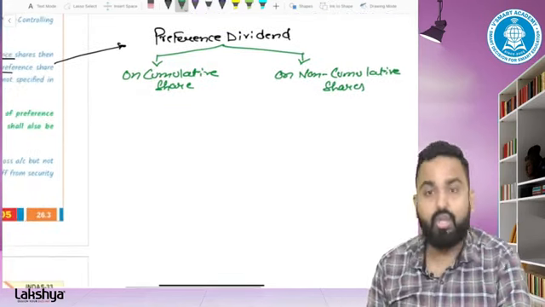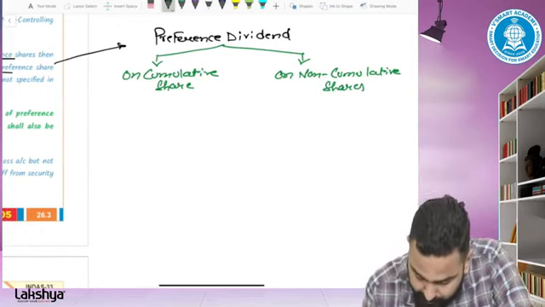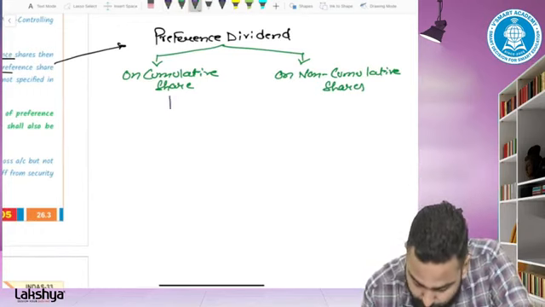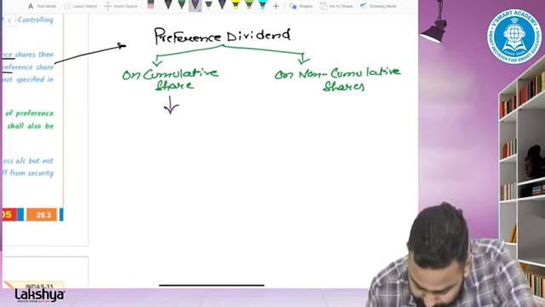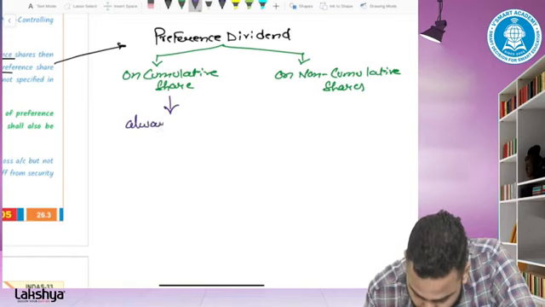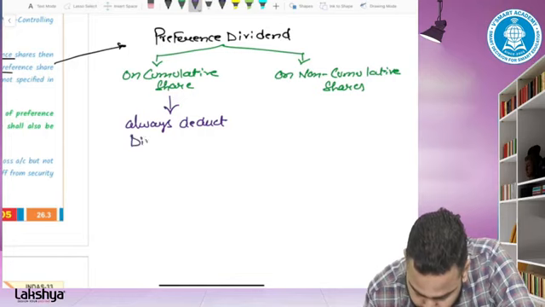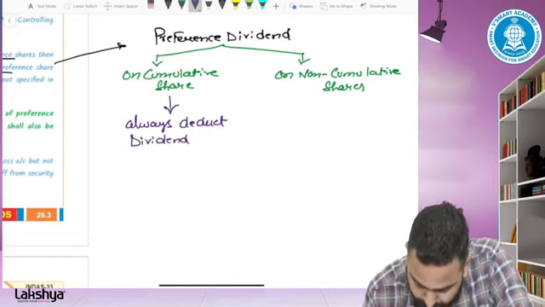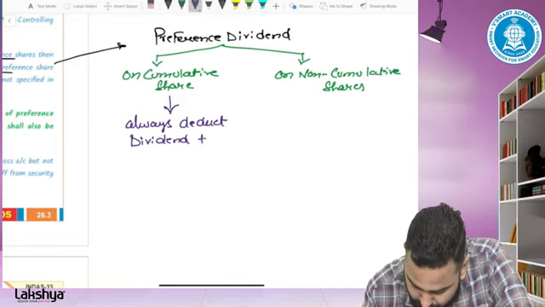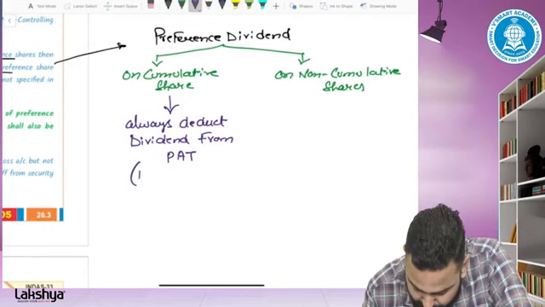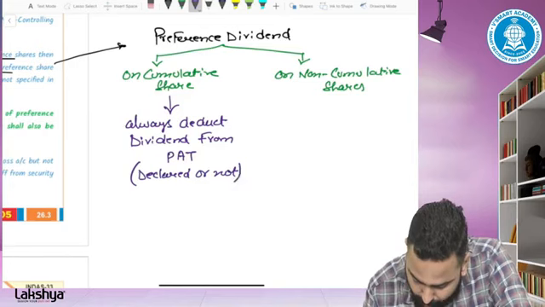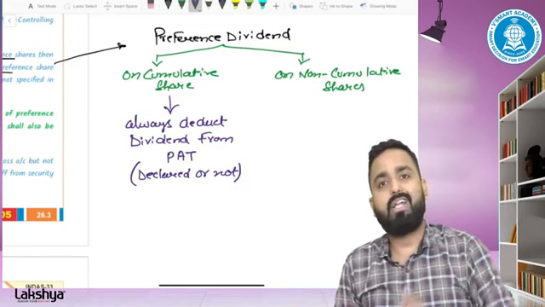As far as preference dividend on cumulative preference shares is concerned, always deduct the dividend from PAT, declared or not.